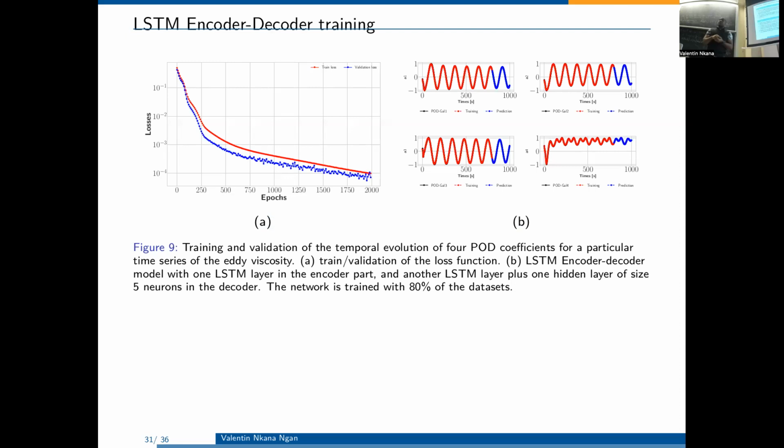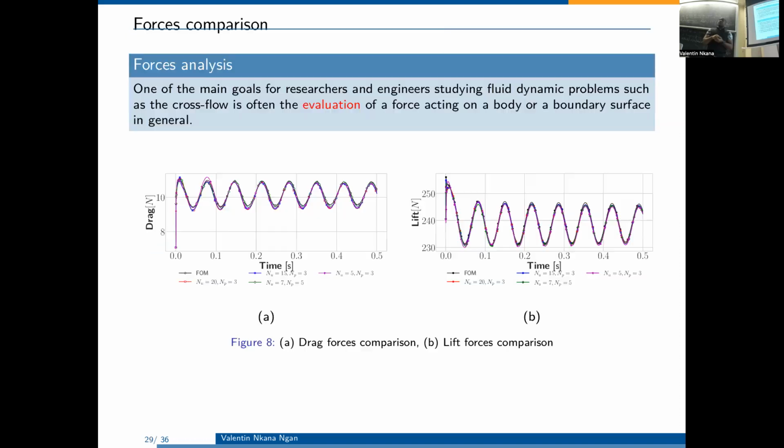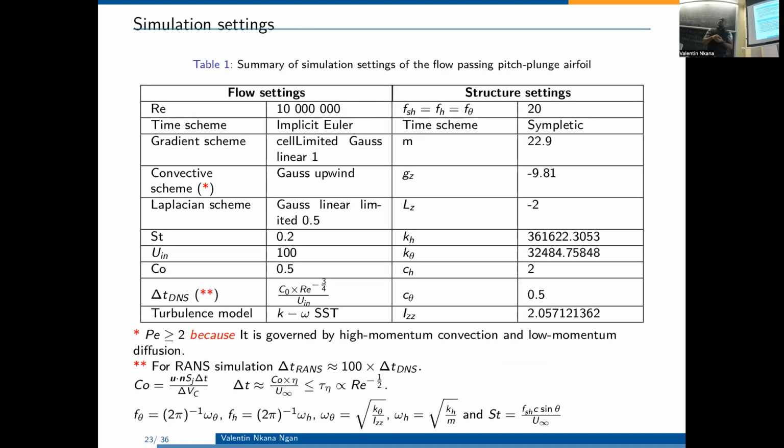It's not DNS; mu t was computed with Reynolds-averaged decomposition. Basically here, I computed it with k-omega SST. Okay, so you used a turbulence model to generate the data. To generate the data, yes.